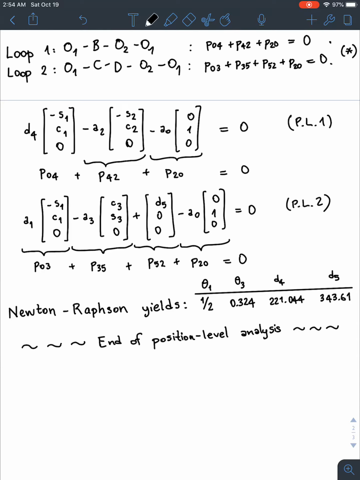So we are going to take the time derivative in the zeroth frame. So for the first loop equation, for example, I have to write d dt in the zeroth frame right here of p04 plus p42 plus p20 equals 0.